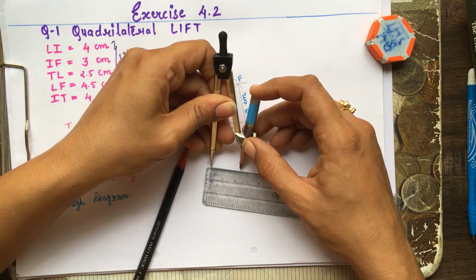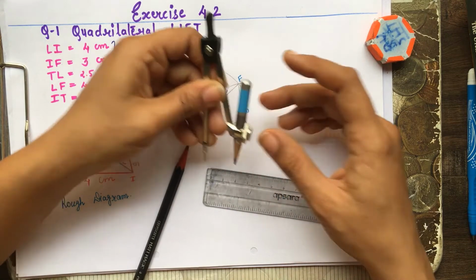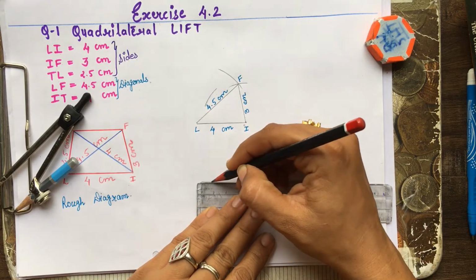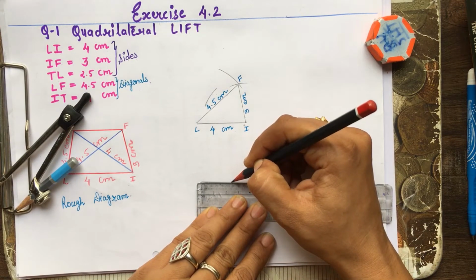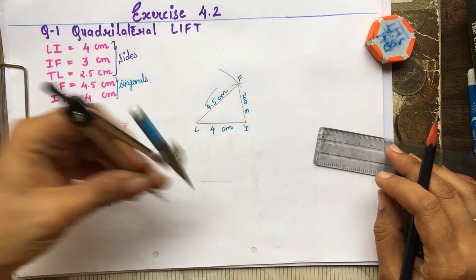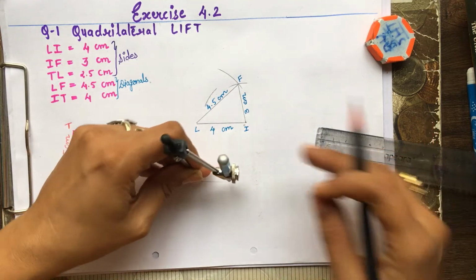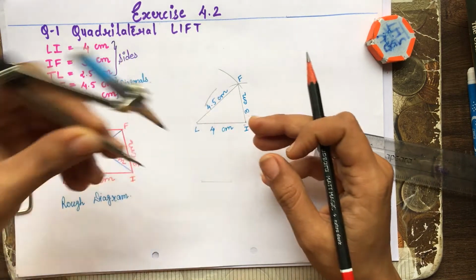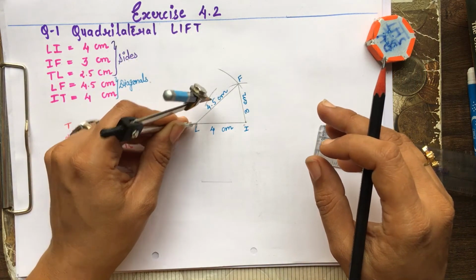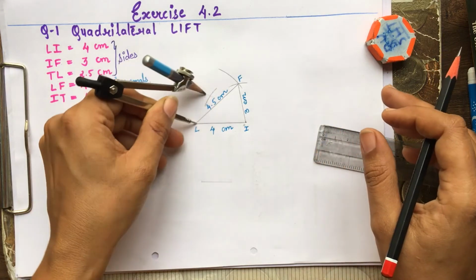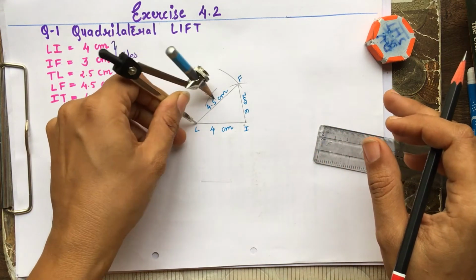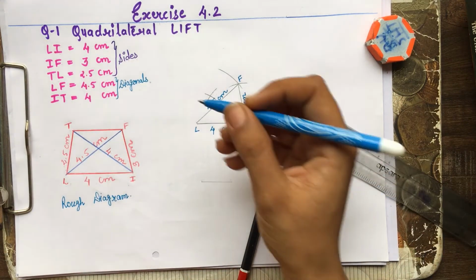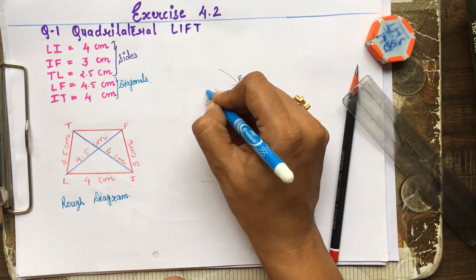Or if it is not possible for you this way, what you can do is draw a rough line of 2.5 centimeter like this, and then take the radius from the line this way, and then taking L as center, draw the arc which will cut the previous one, and we will name this point as T.